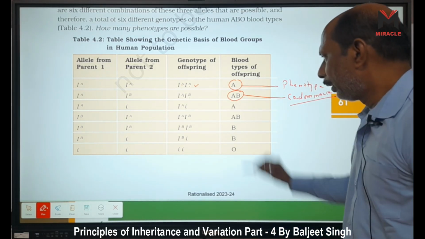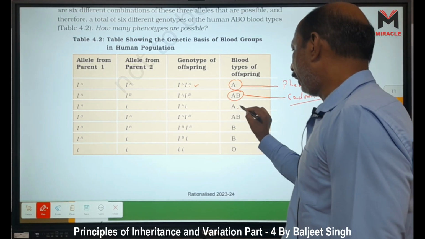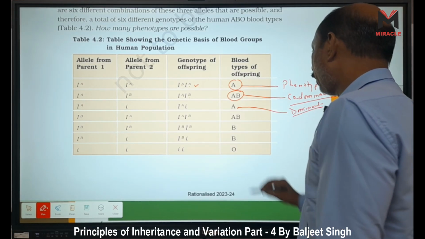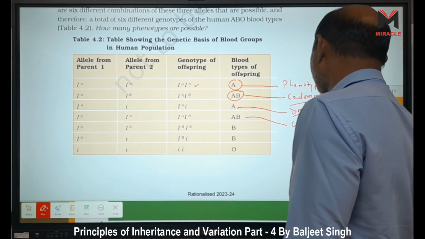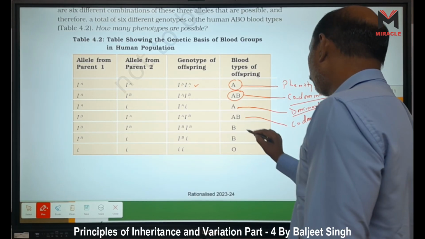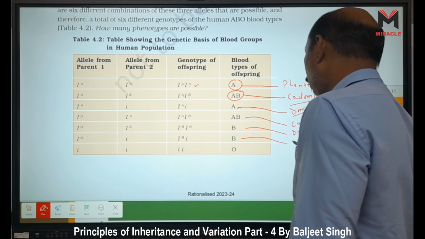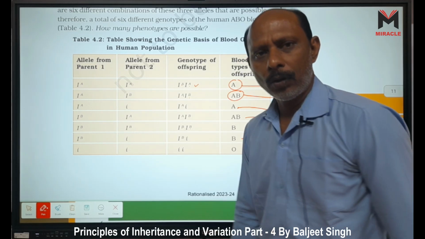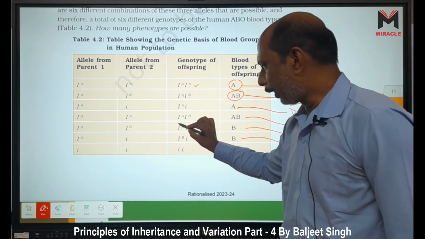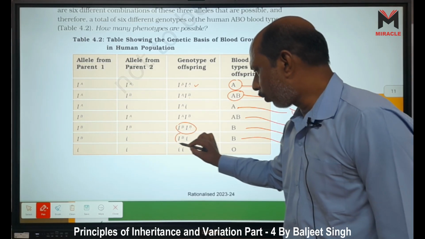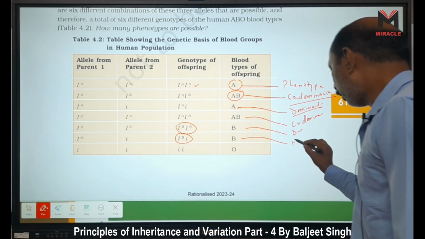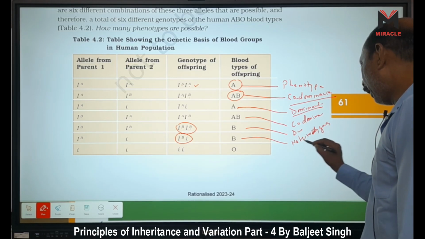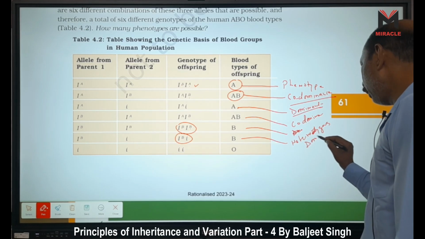and that is the example of codominance. This one is IA, IB, only A, and that is for the dominant character, the law of dominance. AB is codominance. B, dominance. You can see here this B only. This is pure homozygous, and this one is heterozygous, only B, and it shows the dominant.